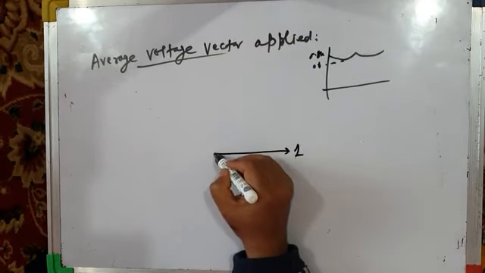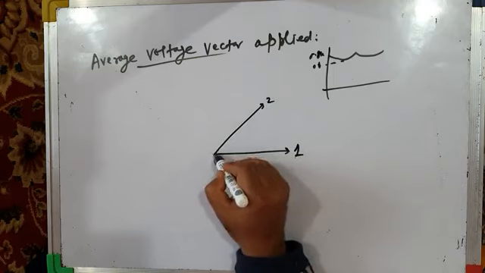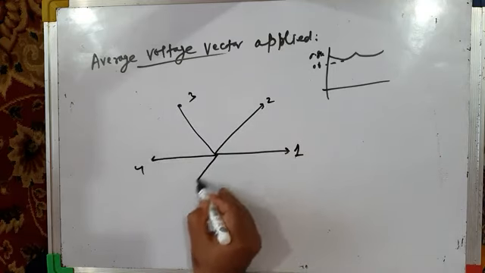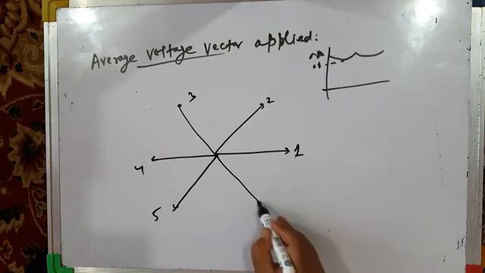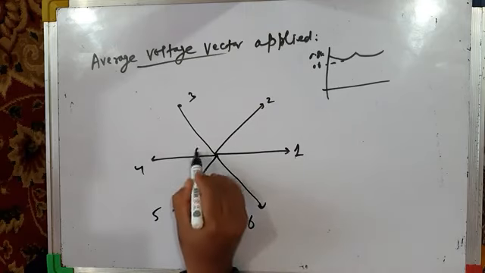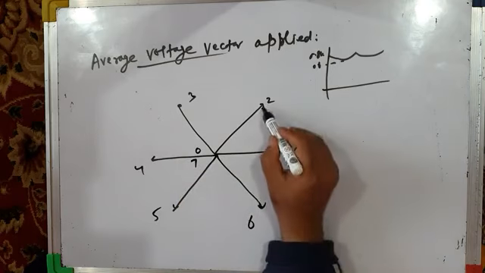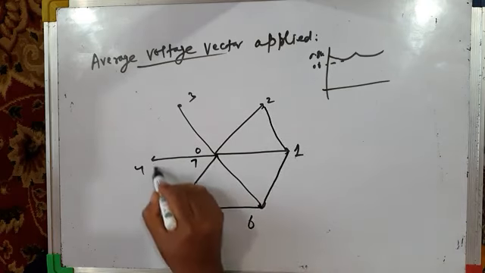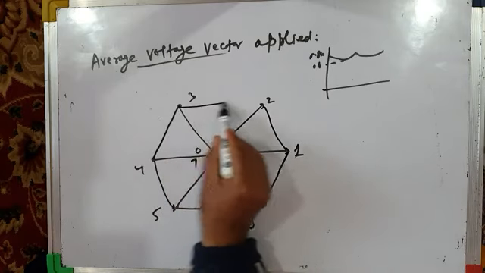This is the active vector 1, active vector 2, active vector 3, active vector 4, active vector 5, active vector 6, null vector 0 and null vector 7. This is a regular hexagon. When you join the tips of these space voltage vectors, you get a hexagon like this.